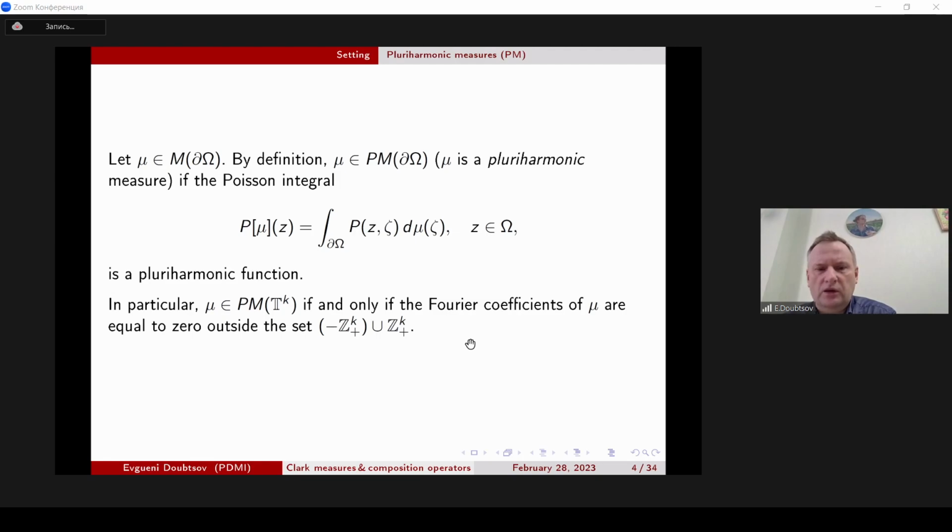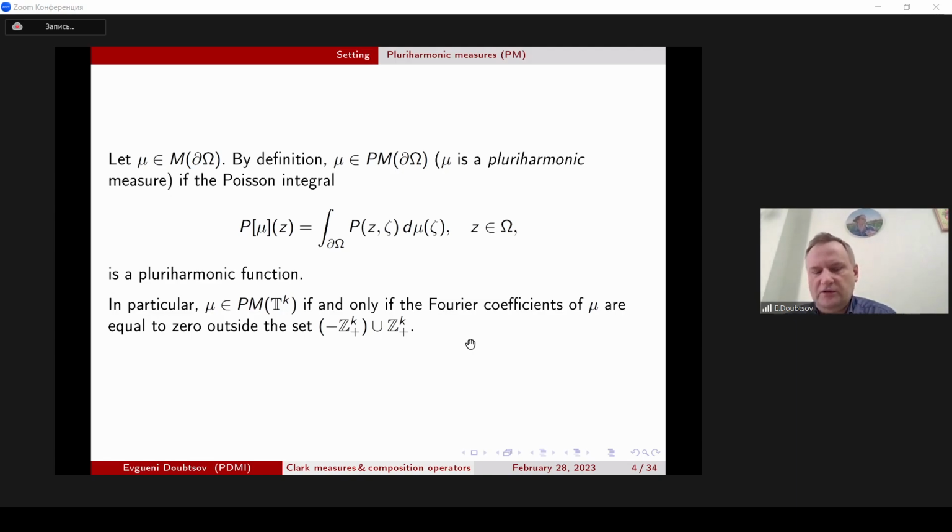It means that the Fourier coefficients are equal to 0 outside of the set Z_+^k union with the corresponding reflection, minus Z_+^k. So the larger the dimension, the smaller this part of non-zero Fourier coefficients. Of course, if k is equal to 1, there is no restriction. We just obtain the whole set of integers. But already in dimension 2, we have only 2 quadrants, the first one and the third one.